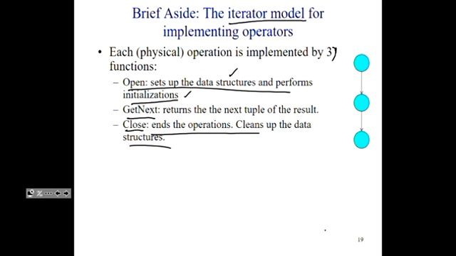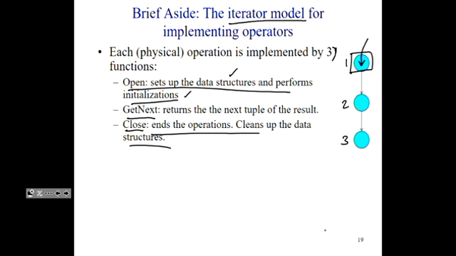So if you have these 3 operators, 1, 2, and 3, when 1 starts, you would run open on this operator, which will set up the data structures, and then you would call get next from this operator. The calling function will call get next, and 1 will be responsible for fetching each new tuple and then sending it to the operator higher up in the plan.